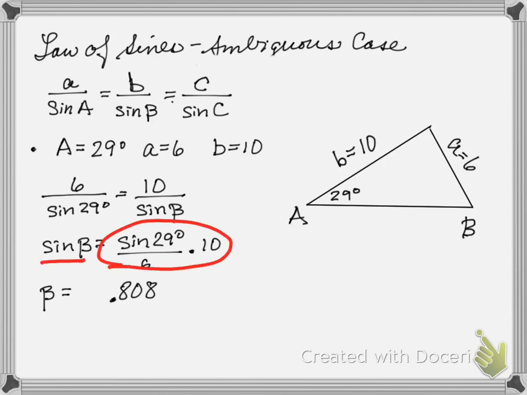All of this is 0.808, but I want angle B, so I'm going to do the inverse sine of both sides, and we've got that B is equal to the inverse sine of 0.808.